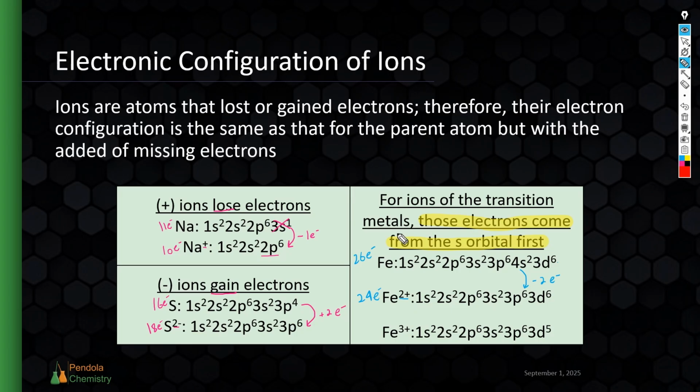With transition metals, the electrons that we remove, because they're metals, come from the s orbital, not the d orbital. It is not until we are done with that s orbital that we move to the d orbital. So, for example, with iron 3 plus, we have 23 electrons. When we remove 3 electrons from iron to iron 3 plus, we remove the 2 from the s sublevel, but then we need to remove 1 more.